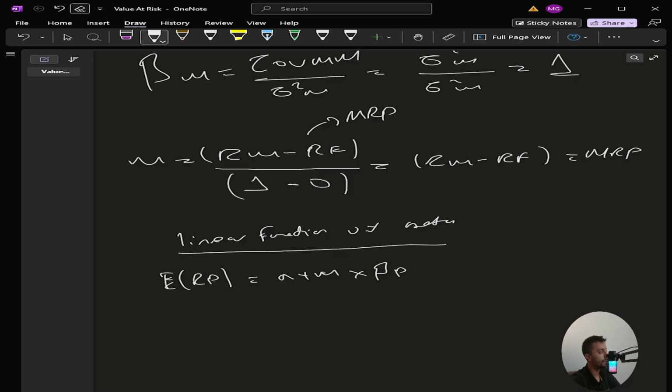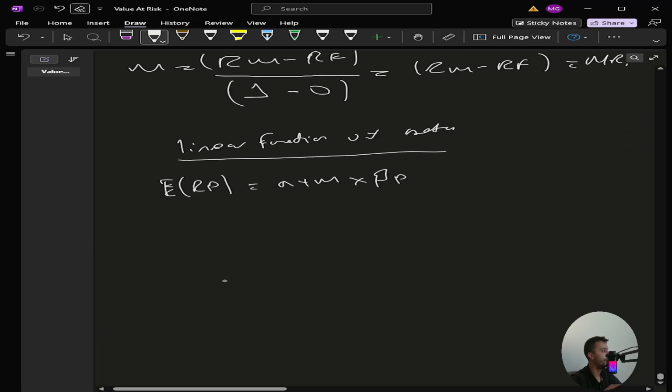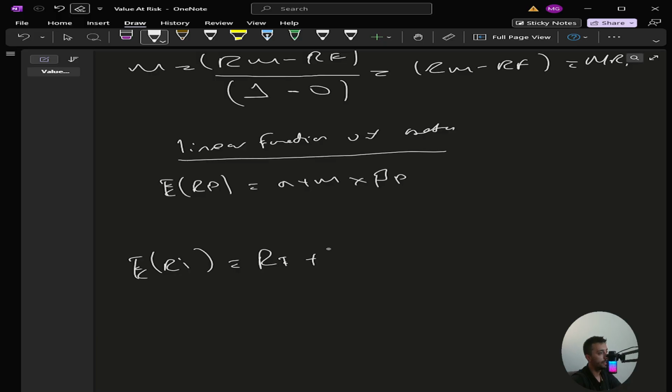Using substitution, the CAPM formula: expected return of asset equals risk-free rate plus expected return of market minus risk-free, times beta. This is the market risk premium. We are looking at our market risk premium plus the risk-free asset, times beta, right?